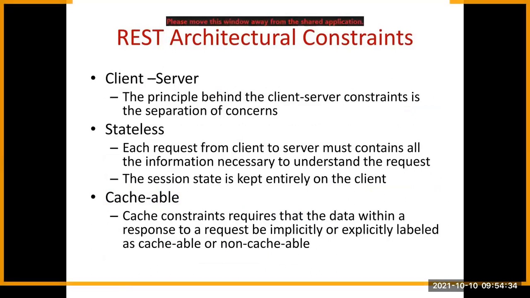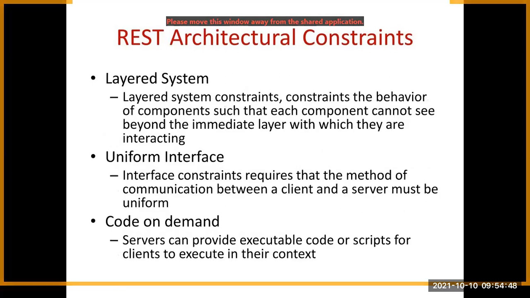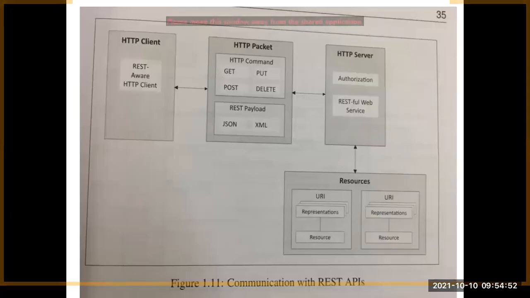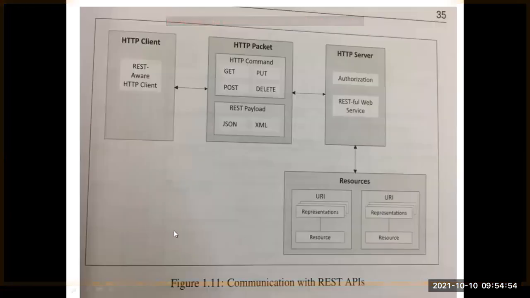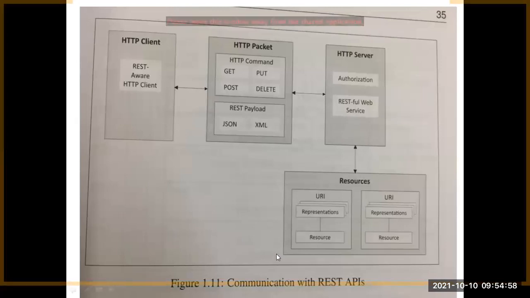Cacheable: the cache constraint requires that the data within the response to a request is explicitly labeled as cacheable or non-cacheable. We'll probably discuss these in the next class. Layered system, uniform interface, code on demand.